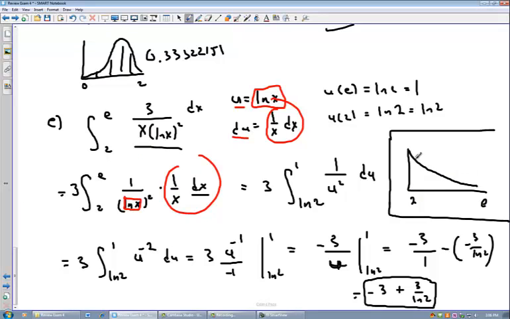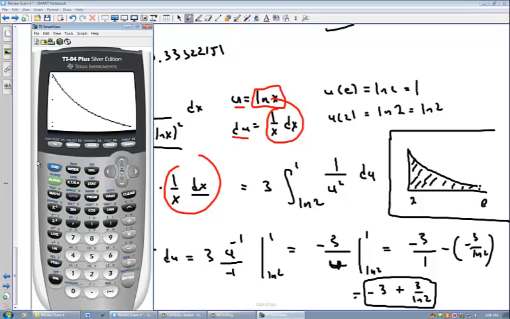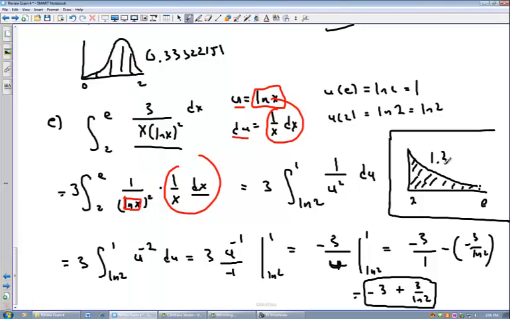I'm looking for this area in between, right there. And I can find it on my calculator by hitting second trace, going down to number 7. Lower limit was 2. Upper limit was e, so second ln. Put a 1 in there, so e to the 1. It's going to shade that region, and it's going to give me back this 1.328.